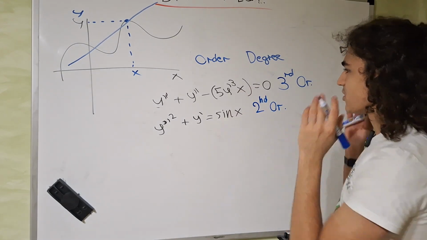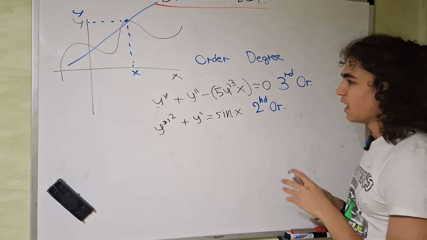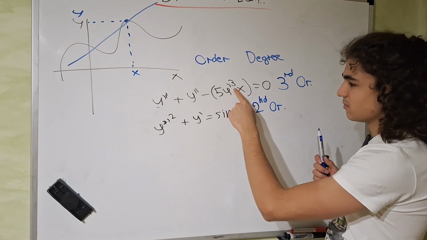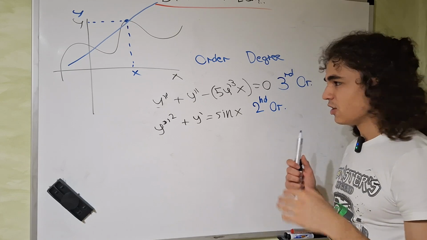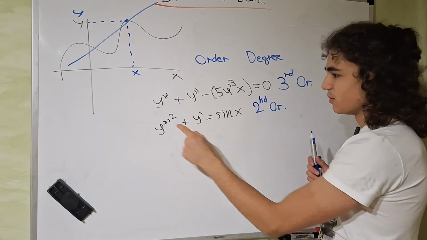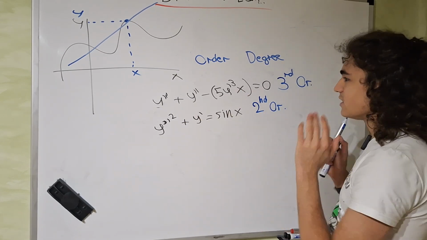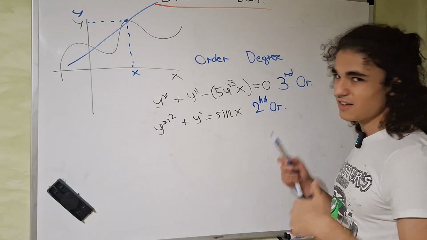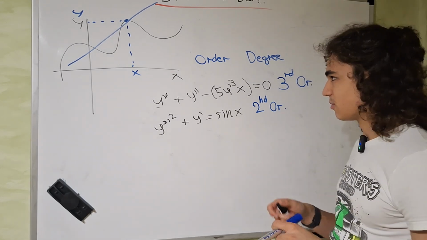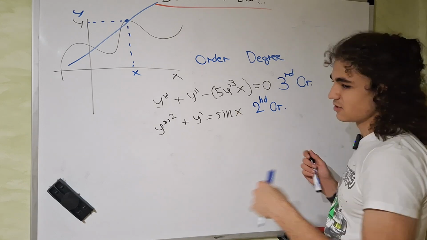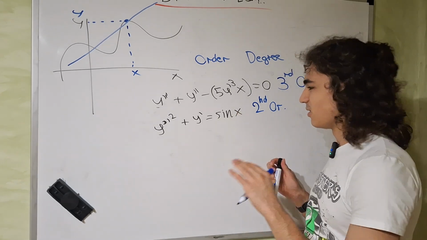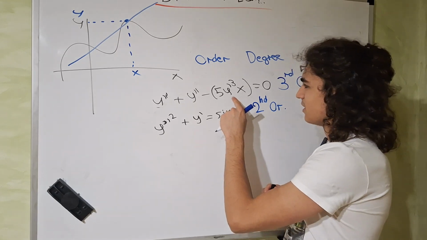And there is something called the degree of an equation. For example, this equation has some y terms to the third power and to the second power. Well, the degree of the equation is the degree of the highest order derivative term in the equation. It might seem confusing, but it's very simple.